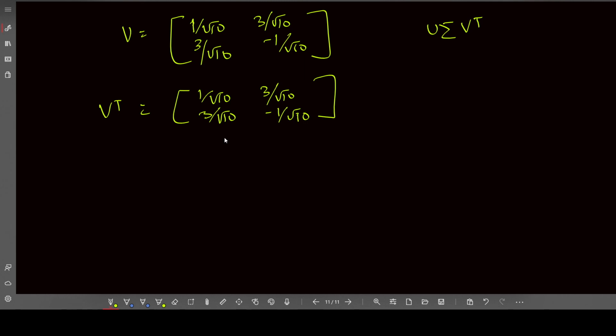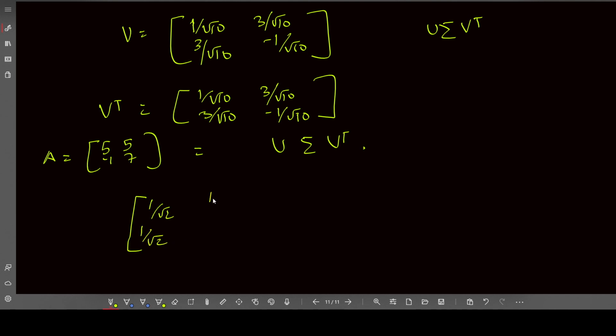Okay, so ultimately, now that we had the matrix A as 5, 5, minus 1, 7, we decompose this A matrix into U sigma and V transpose. So U is 1 by under root 2, 1 by under root 2, 1 by under root 2, and minus 1 by under root 2.